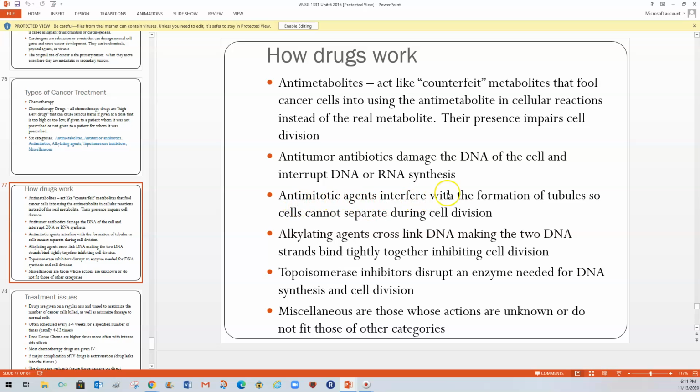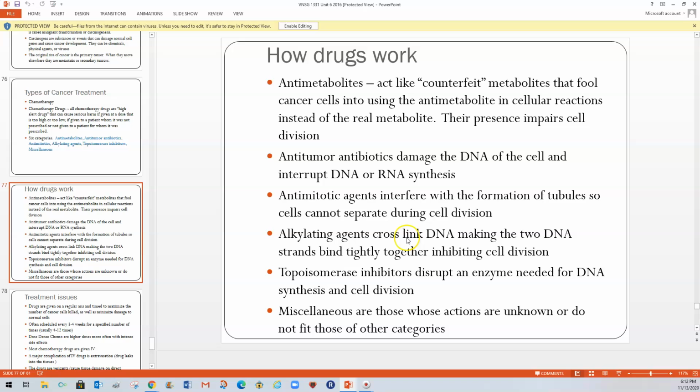Antimitotic agents interfere with the formation of tubules, so cells cannot separate during cell division. So they stop it at the level of the cell division.